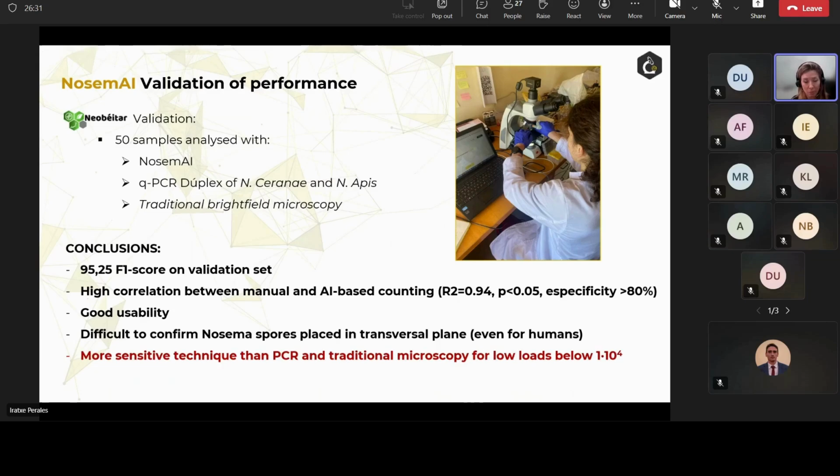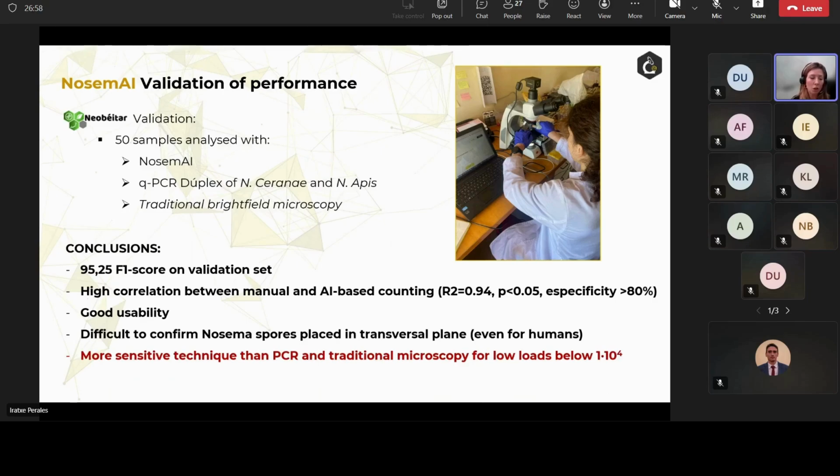We sent them the microscope, and they used 50 real samples. They used our microscope 2 times to check the repeatability. Also, they compared our values with the qPCR duplex for Ceranae and Apis, and they also did traditional bright field microscopy with normal counting.